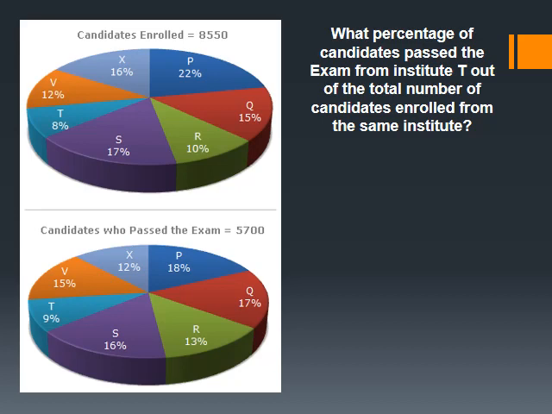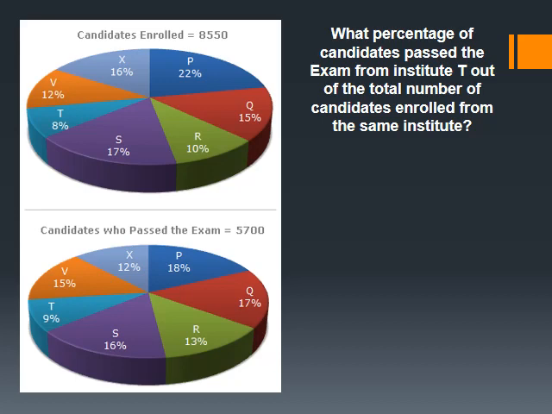We have to look at the candidates enrolled. That is the first chart for the Institute T, and we see that 8%. So what we get is that 8% of 8,550 will be the total number of students from the Institute T who have enrolled in this exam.